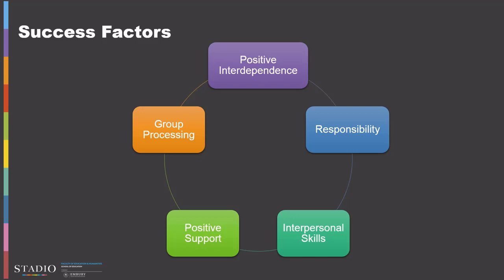And then the next item you see there, interpersonal skills, which is pretty straightforward. In a group situation or a social situation, you should have the social skills to communicate with other members of your team or your group. You should be aware of certain skills such as conflict resolution, decision making, and so on and so forth.